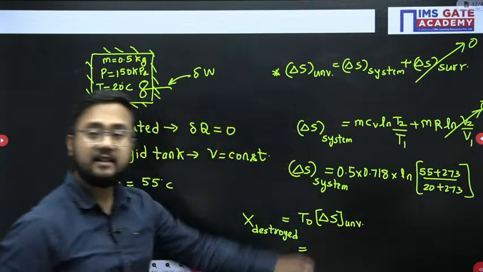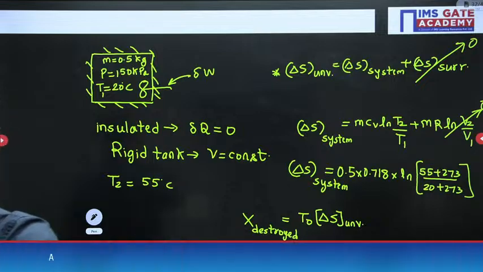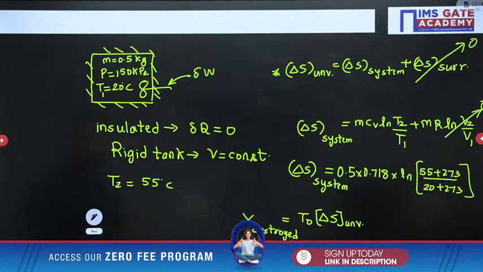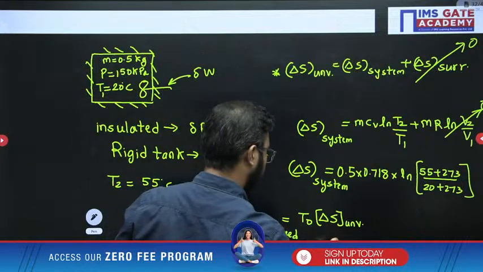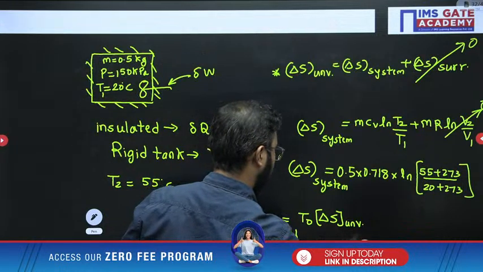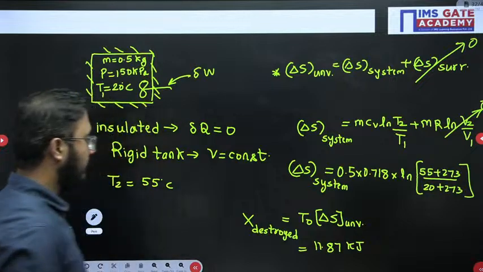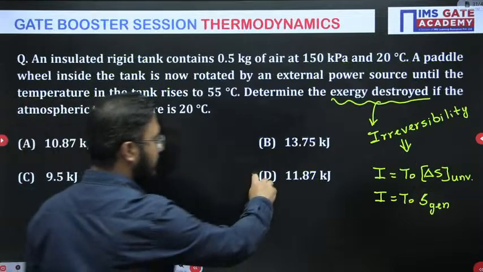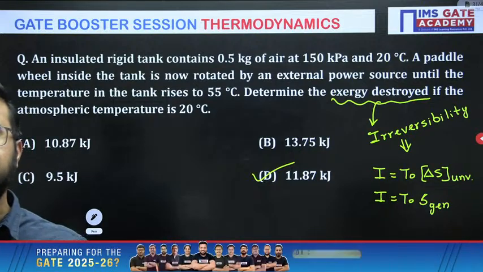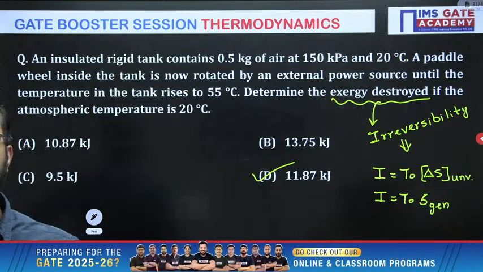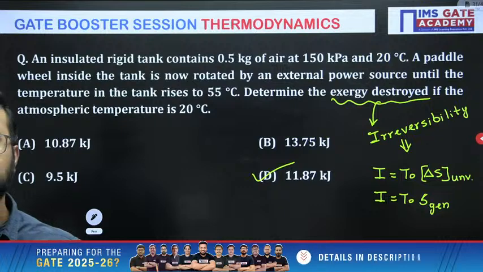So what will be the answer? Option D, 11 point something you will be getting, 11.87. Correct, 11.87 will be the answer. Aditya, is it clear? You got the answer? Aditya.